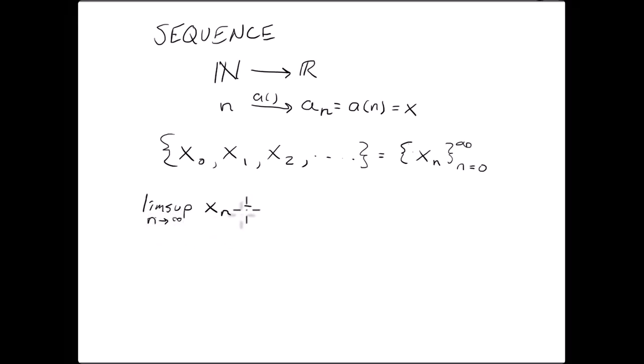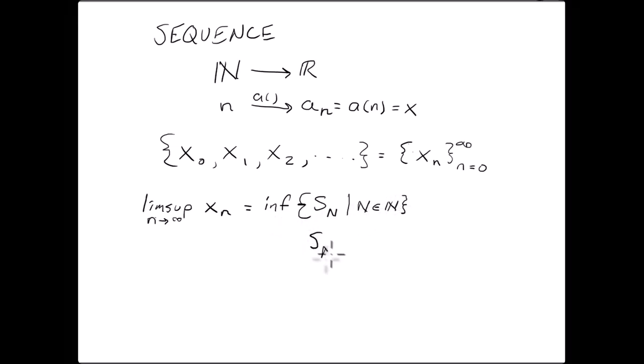The limit supremum of xn as n goes to infinity. This has a specific definition, and here it is. It is the infimum of the set such that capital N is a natural number.